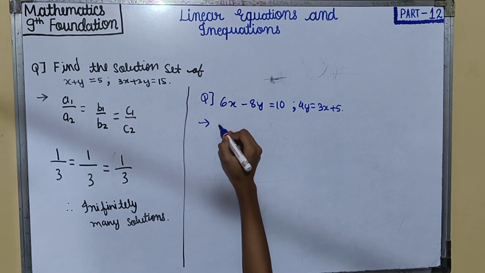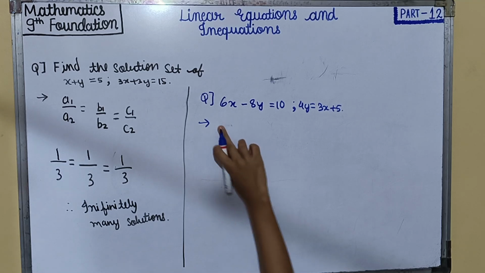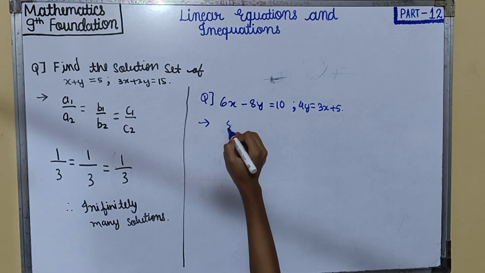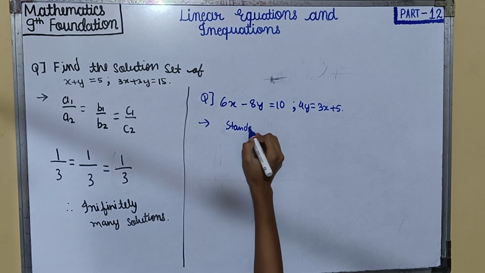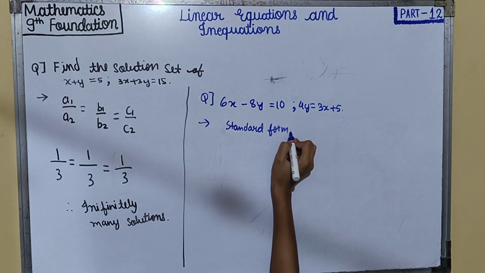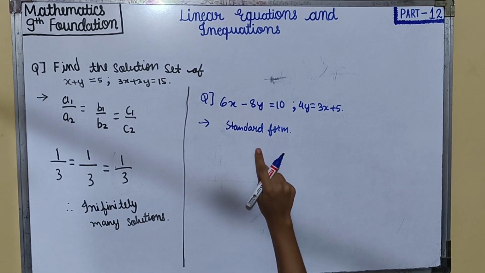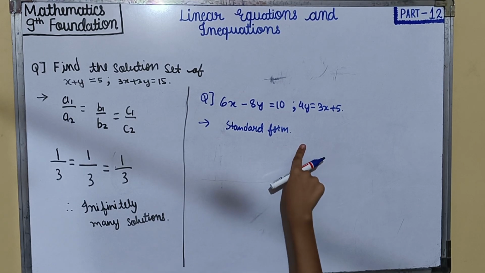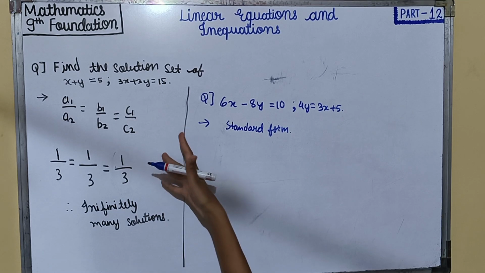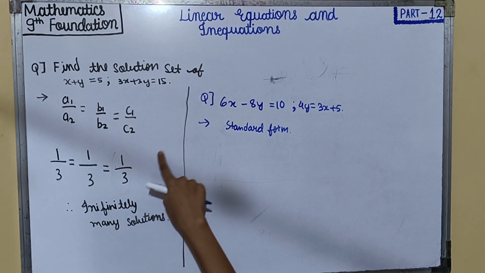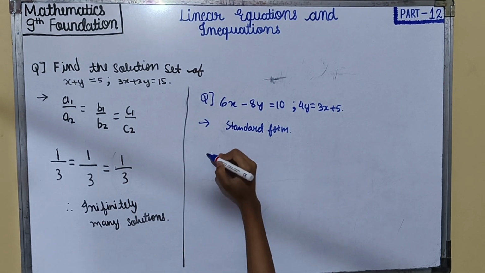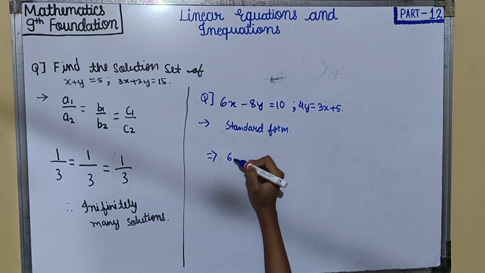One thing to remember: always when this type of equations are there, you have to make them in standard form. Make them equal to 0, meaning first x, then y, then the constant, and then equal to 0. In this also, if we had done it this way it would be too easy, no difference, but you can do that.